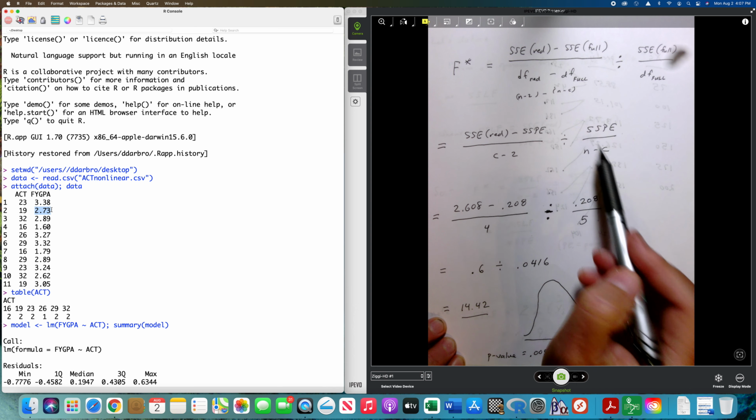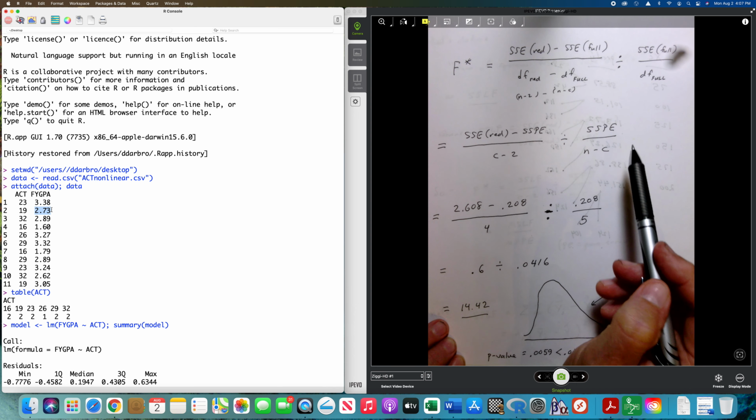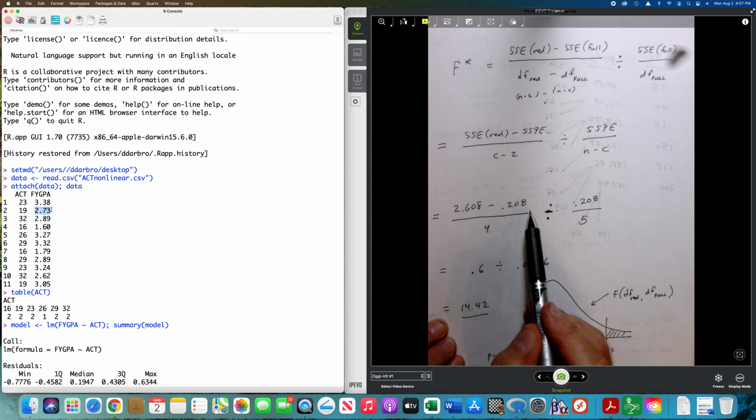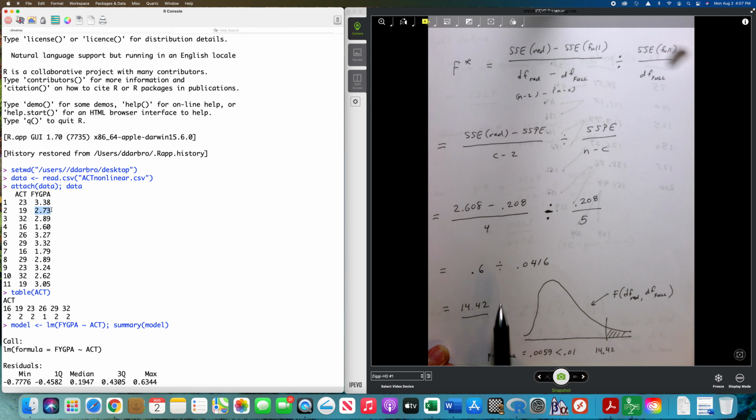And then over here we just get n minus c. So plug and chug now. 2.608 minus 0.208 over 4 degrees of freedom. And I wrote this out. I typically wouldn't, but since I'm teaching, if you don't get 14.42, maybe this will help you identify your problem.